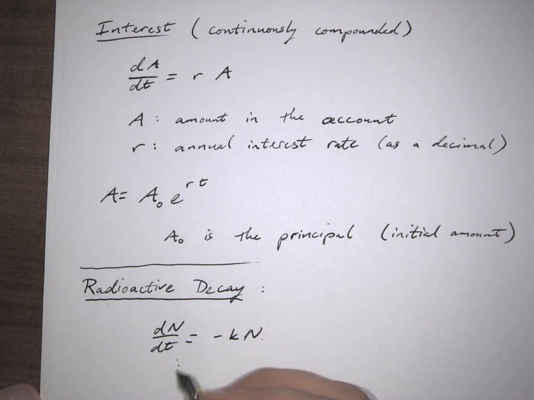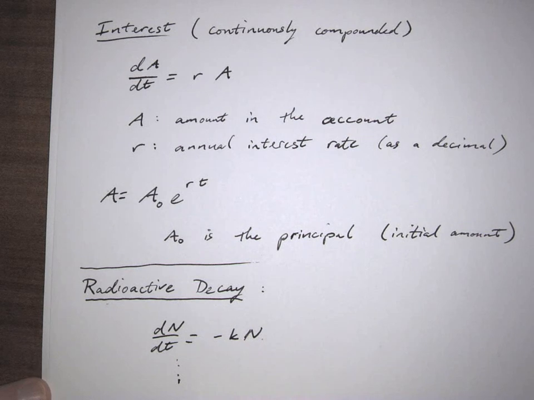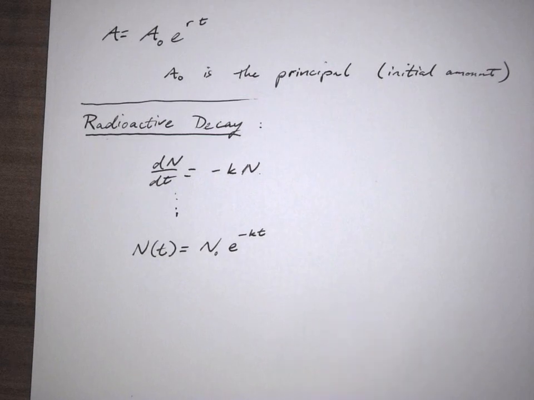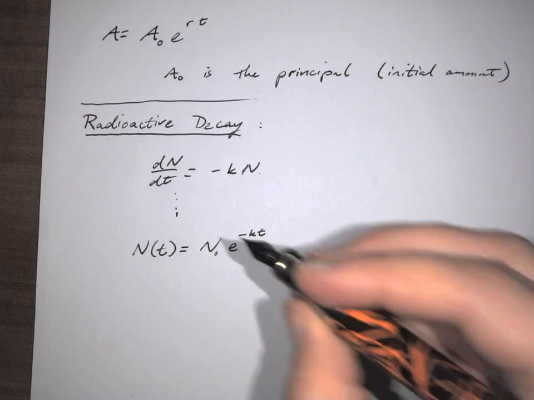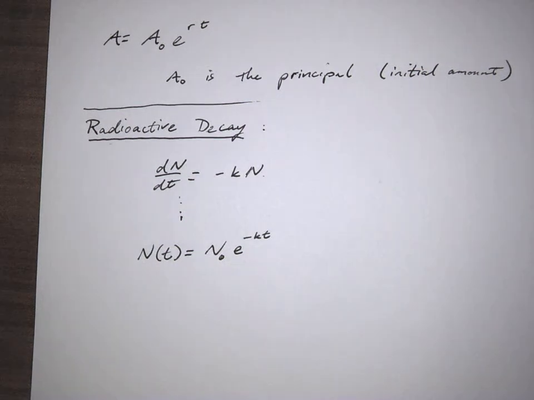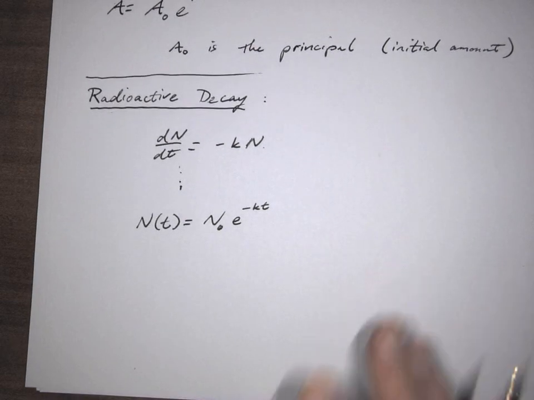And this would lead to a similar path, which would give you N as a function of time would equal whatever the initial amount was, times e to the negative kt. And the line of reasoning here would be the exact same as what it was in the case of the population.